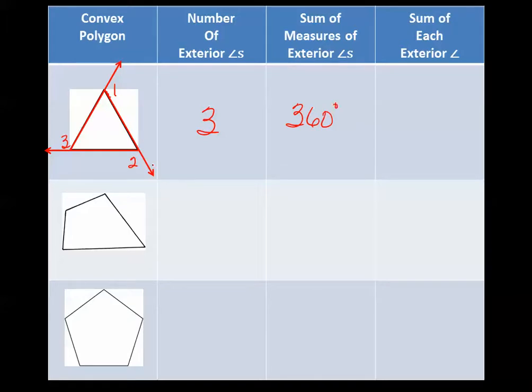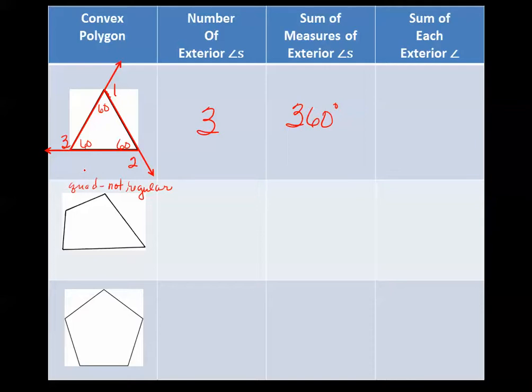Okay, always. Now remember, it's a regular. Well, this isn't regular. I wasn't thinking about it being regular. And I'm talking about this quadrilateral down here. Let me write on here, not regular. The measure of each interior angle of a regular equilateral, or equiangular, triangle is 60.